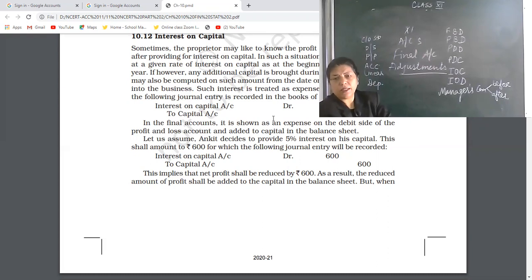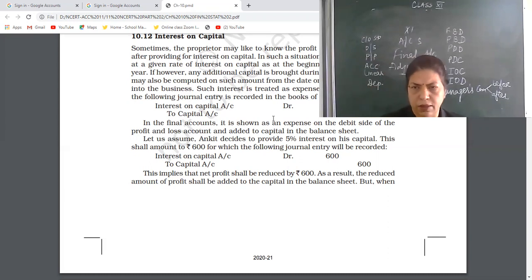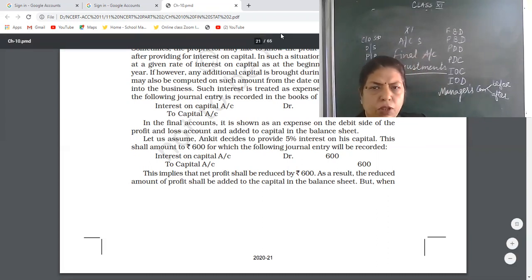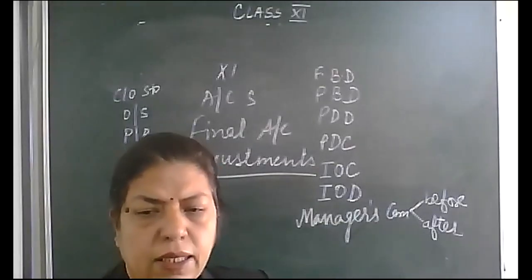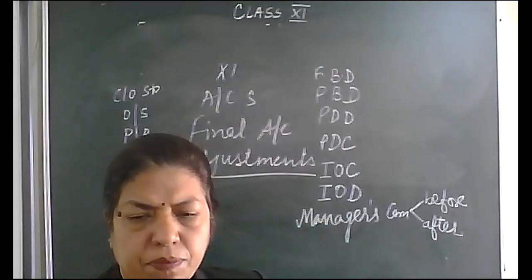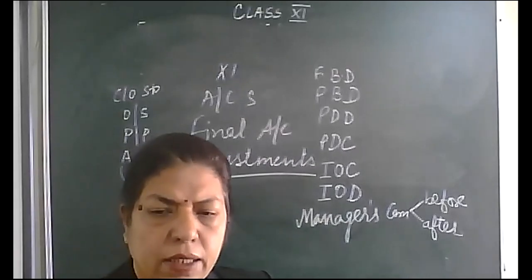And maybe there are some adjustments for errors afterwards. Forgot to enter, then it is to be adjusted, or errors to be adjusted. I am sure you all will be able to understand, and you can write the answers in that way. If you have any doubt regarding this, you can ask.